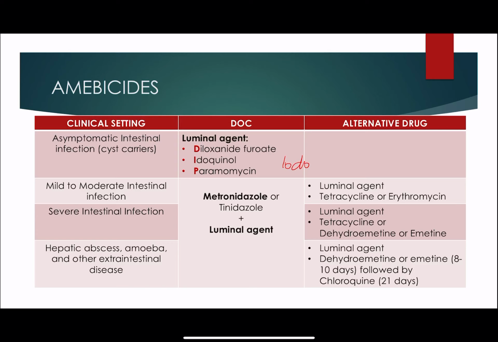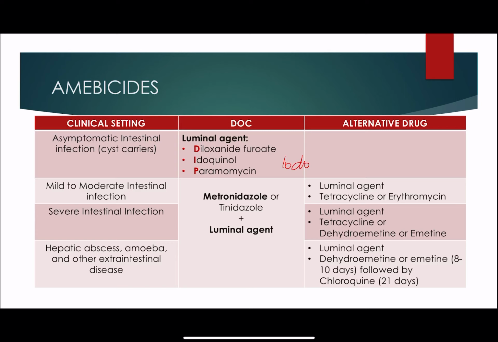Severe intestinal infection, you will need metronidazole as well, together with the luminal agent. Hepatic abscess and other extraintestinal disease, you will need luminal agents as well, plus metronidazole. Okay, there are also alternative drugs. As you can see there are certain antibiotics like tetracycline and erythromycin that can be used against amoebas.